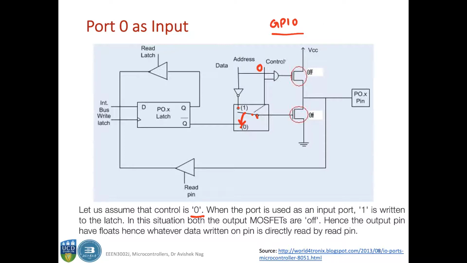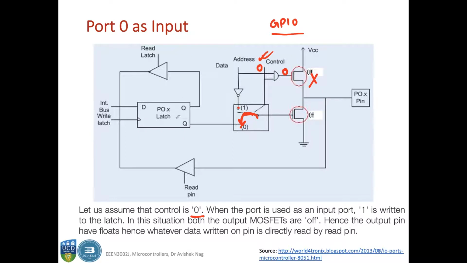For that your control is 0, and let's imagine that this circuit is completed. If your control is 0, you can also see that the output of this AND gate is 0, and therefore this transistor is off.